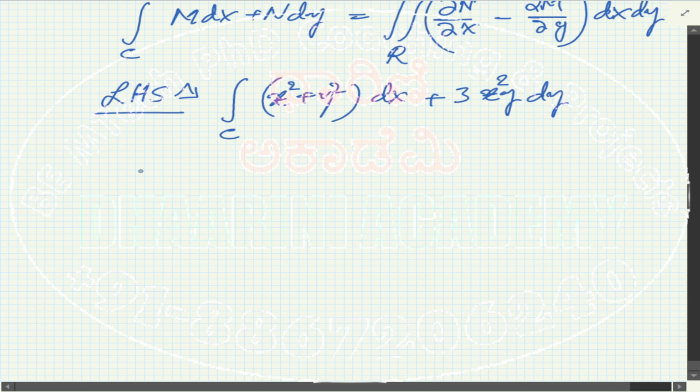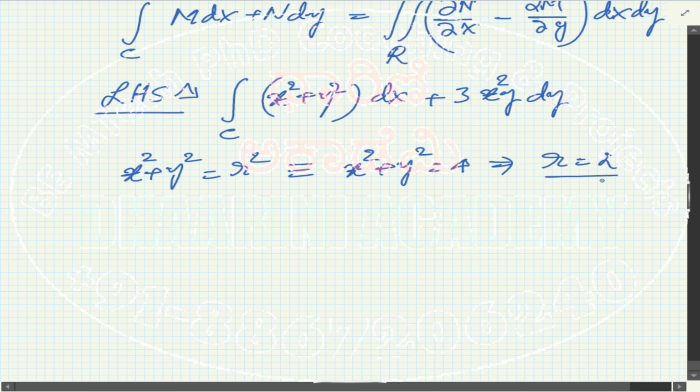So first let's go for this. It says that x square plus y square is equal to r square. When you compare with the given equation x square plus y square is equal to 4, this implies the radius of the circle is 2.